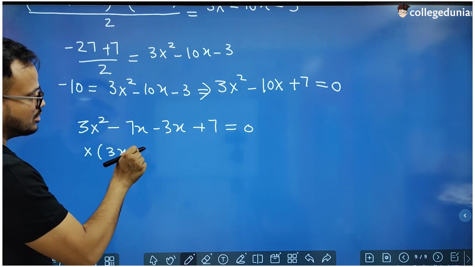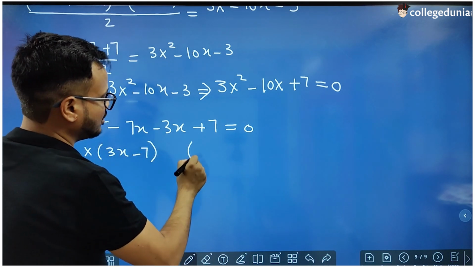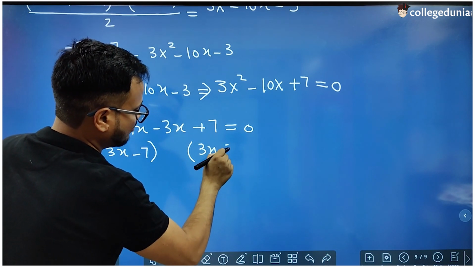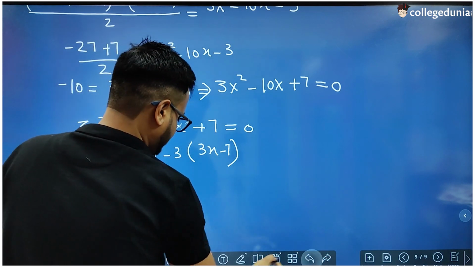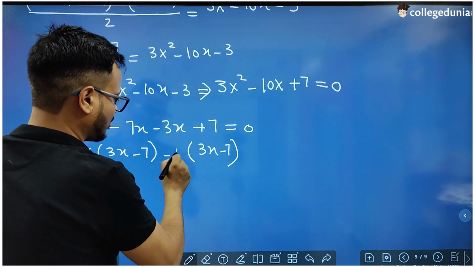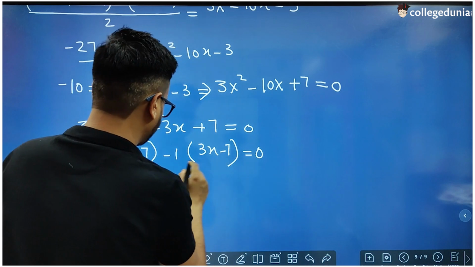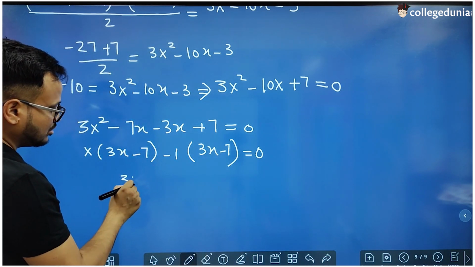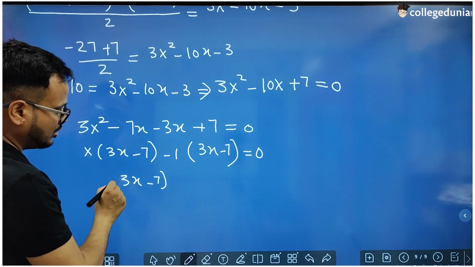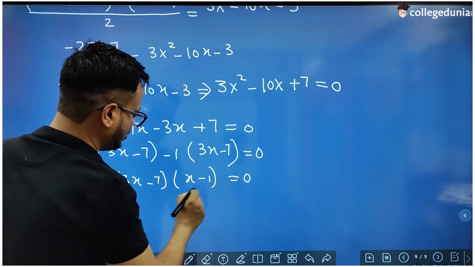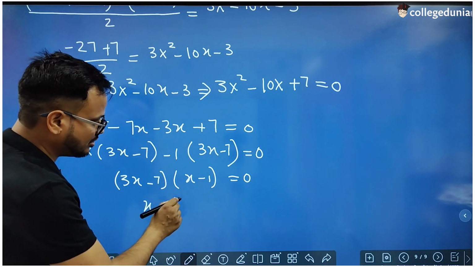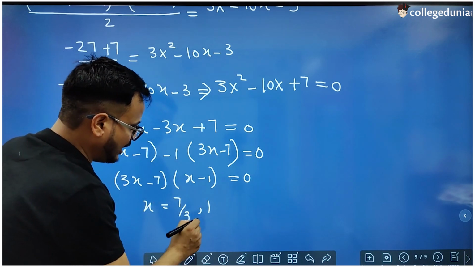So this is x into 3x minus 7, minus 1 into 3x minus 7, equal to 0. 3x minus 7 into x minus 1 equal to 0. So the value of x is 7 by 3 and 1.